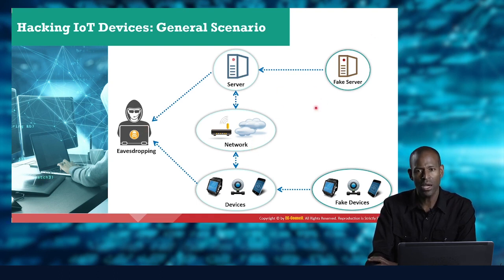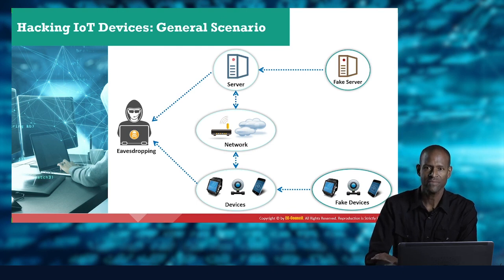And then once you do that, eavesdrop on the network, and you find that they're IoT devices, you can begin to make a plan to create your own services. This is a fake server over here. Implant your own devices. These are the fake devices over here. Interface them with the network and use it to do a wide variety of attacks.